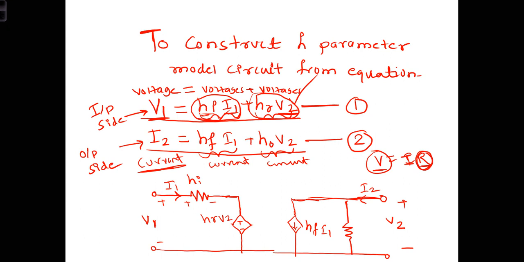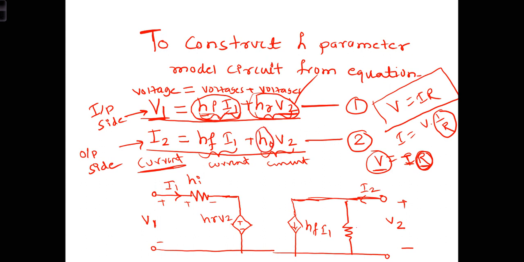See, you know V is equal to I into R. So I is V into 1 over R. So this 1 over R should be your H0, right?